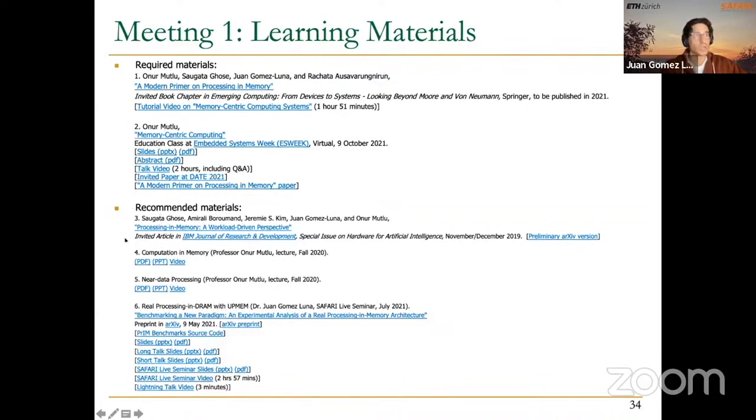Then there is some recommended material, other introductory papers on processing in memory, and also some lectures from the advanced computer architecture course that Professor Mutlu teaches.